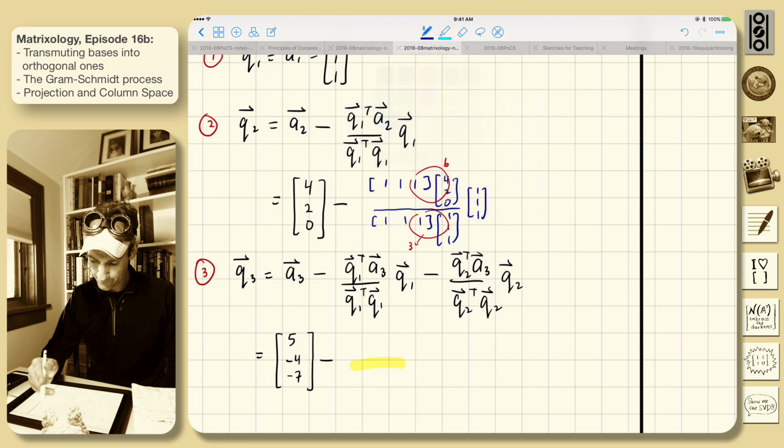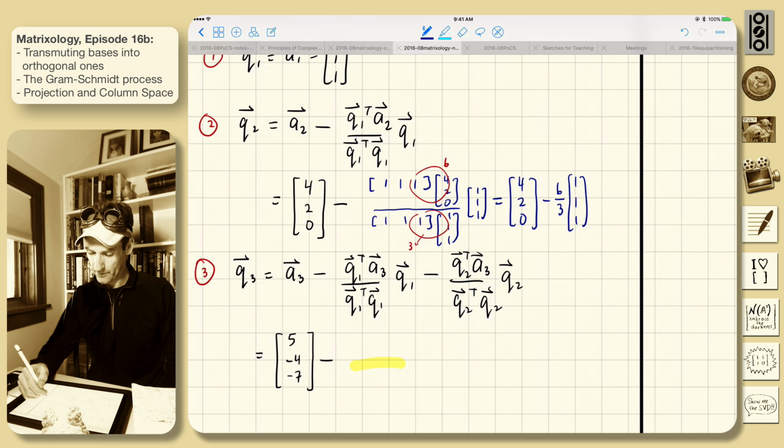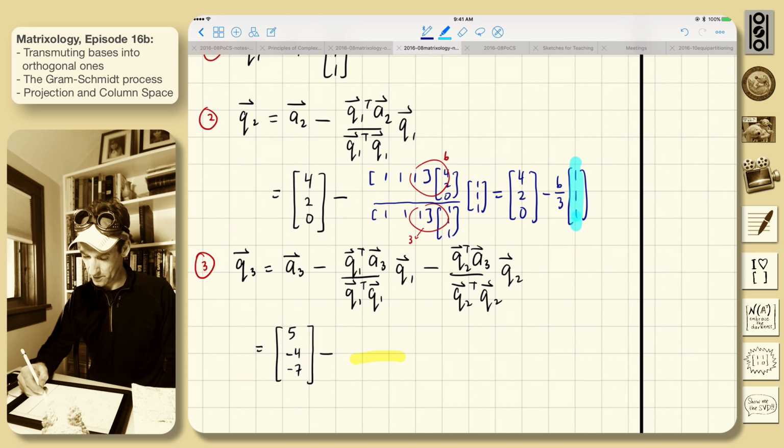This equals 4, 2, 0 minus 6 over 3 times 1, 1, 1. This piece here is pointing in the direction of A1. This is our original A2, and we're subtracting this piece off. So we subtract 2 from every entry, giving 2, 0, minus 2.